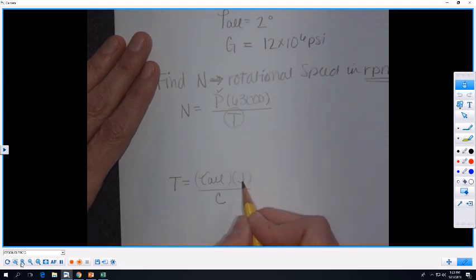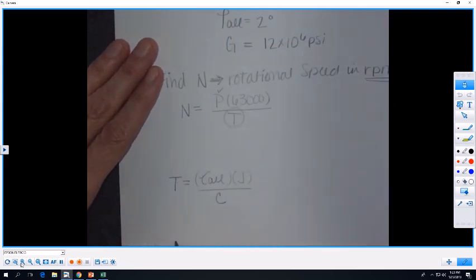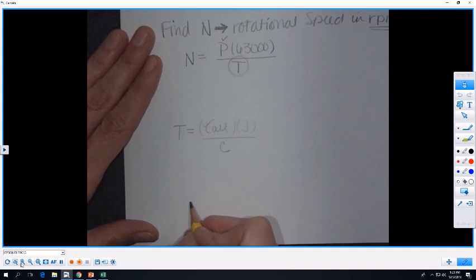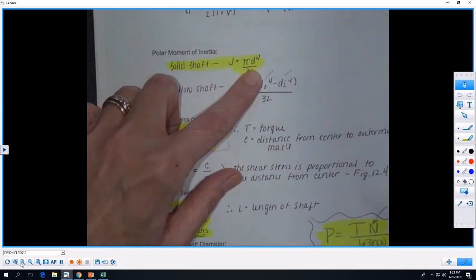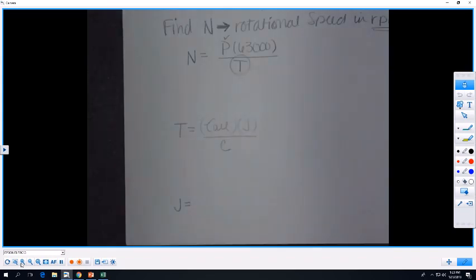Now we also need to calculate J. We weren't given J, so we have to calculate it based on our dimensions. So we know that J, and this is for a solid shaft, is equal to pi times d to the fourth divided by 32.